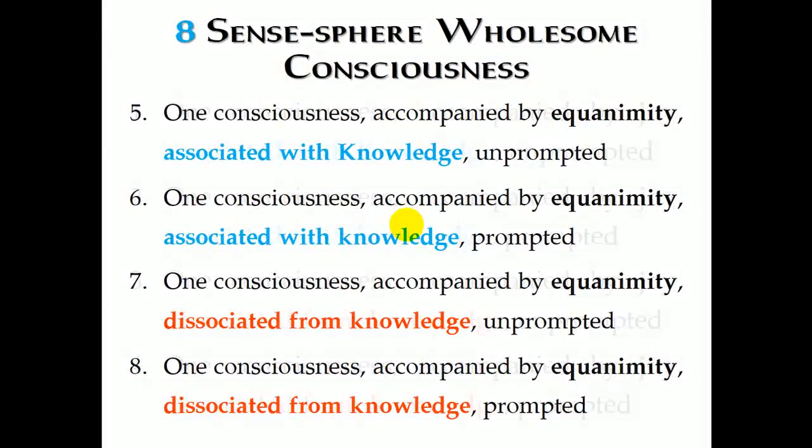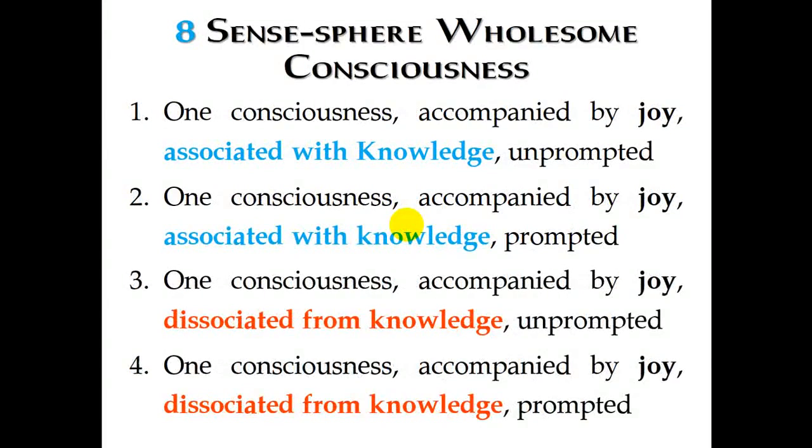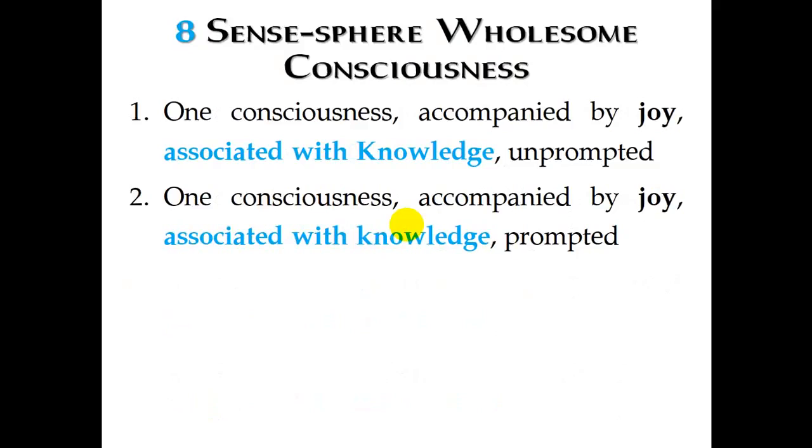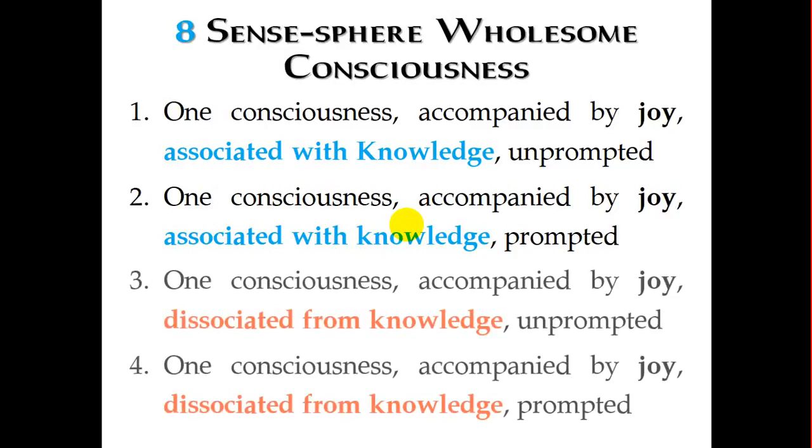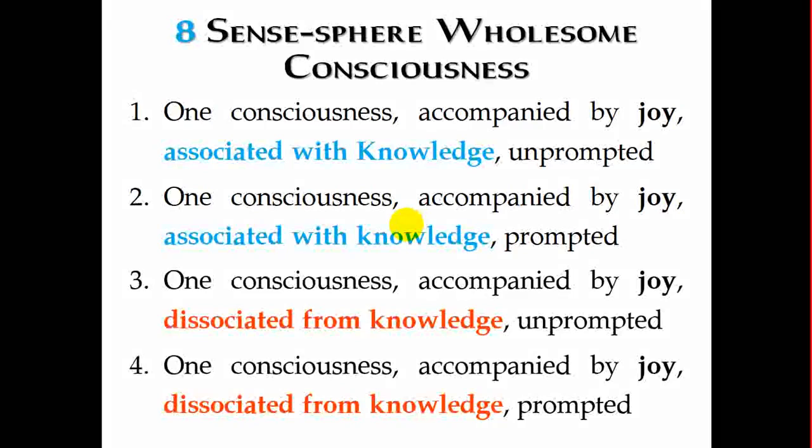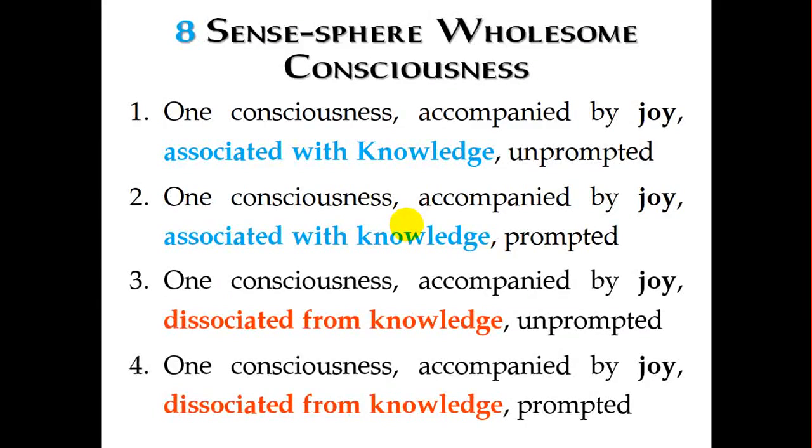So please look at it again. The first pair of Mahakusala were associated with knowledge, with wisdom. The reason is they are associated with knowledge. The second pair of Mahakusala were not associated with wisdom. The reason is they are dissociated from knowledge.